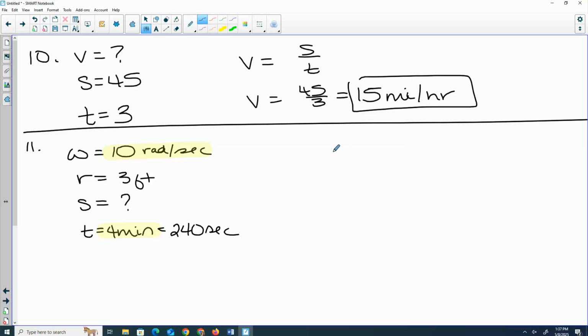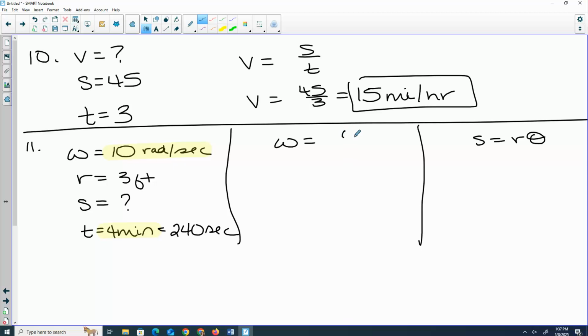So we're going to have to use a couple formulas here. Our formulas, we have V equals S over T. That involves S, but I don't have V. Or S equals R theta, but I don't have theta. So we're going to have to use 2 formulas. If I want to do S equals R theta, we need a formula with theta first.